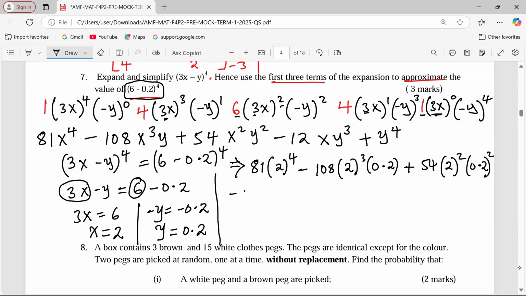Then after this, we subtract 12 with x, which is 2^1, but 0.2 takes power 3. And finally, 0.2 will be raised to power 4. So when we use a calculator to compute this, we shall get exactly 1131.84. You use a calculator to work out all this, and you get 1131.84.